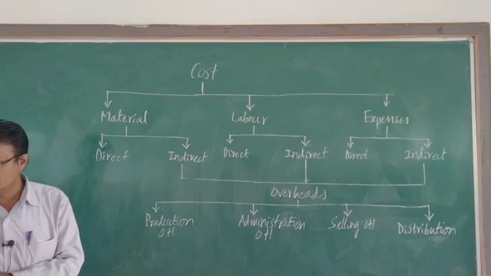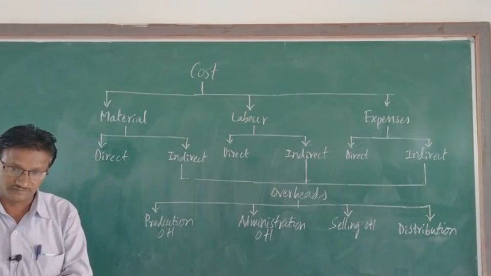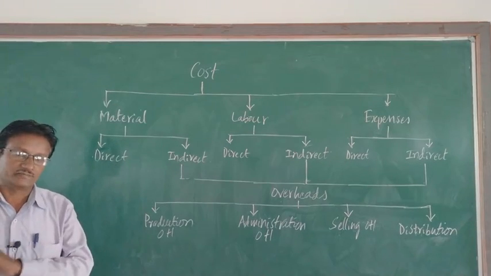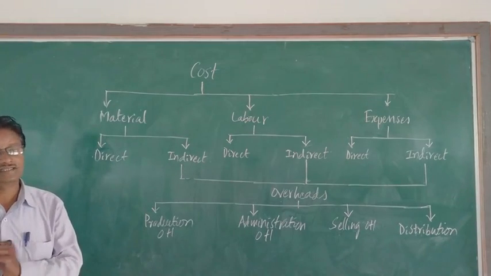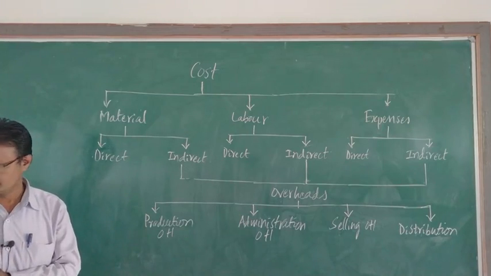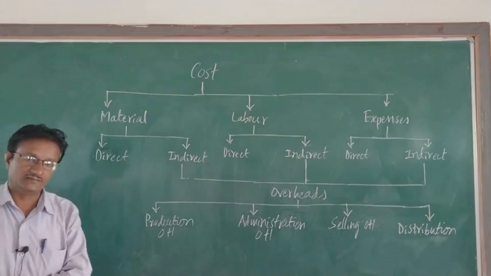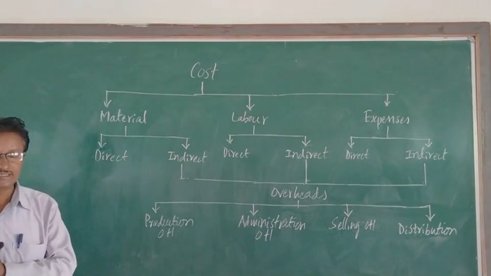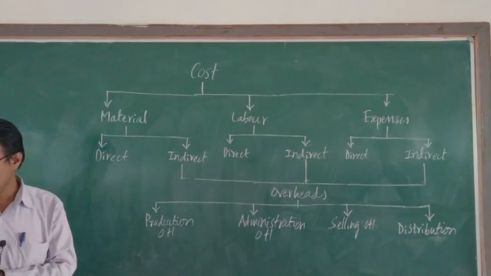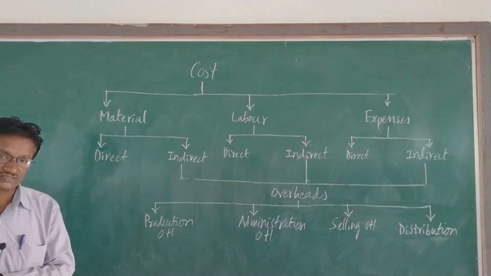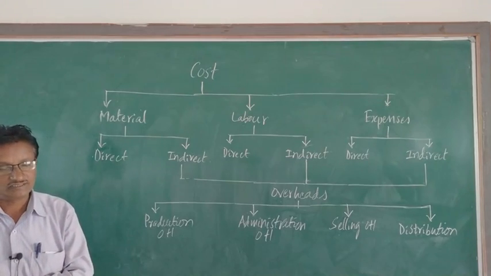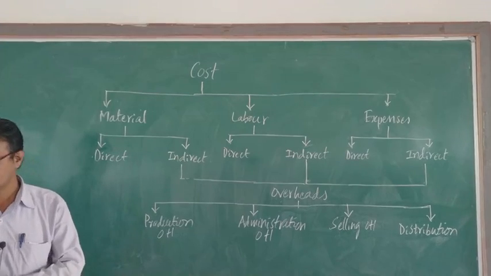For example, nails used in furniture making, screws, thread used in stitching garments, lubricating oil used for smooth running of machines. Next, gum, nuts and bolts, etc. These are the examples for indirect material cost.